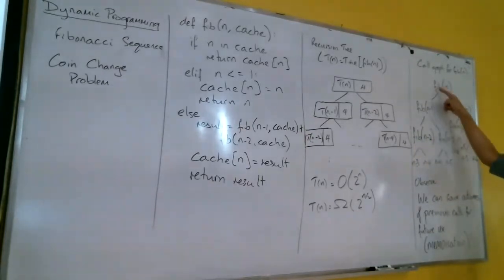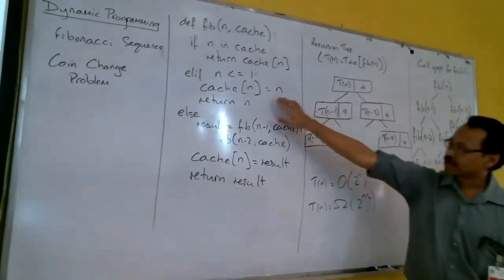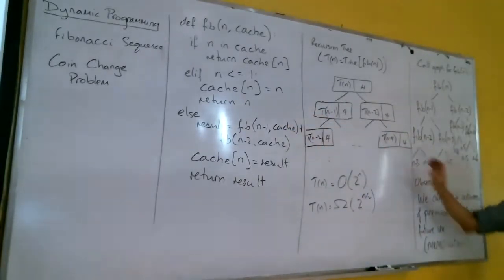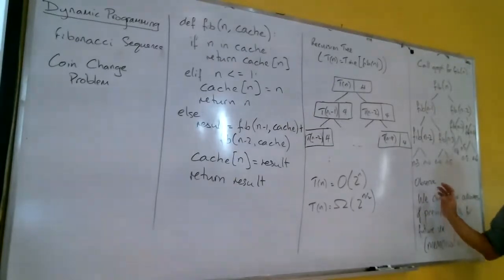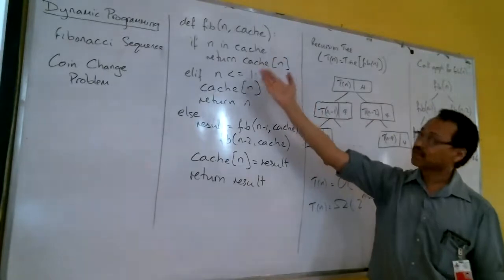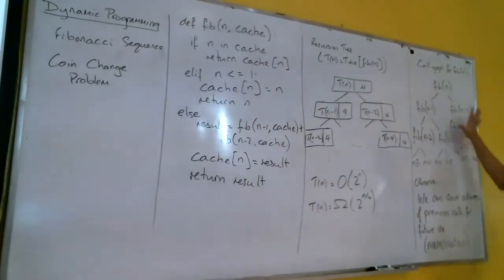So technically it's going down this chain, and at that point I'm going to get real values concretely. And as I'm returning, when I do the call on the right side, I immediately get a cache hit, and then I have an answer. And so I never actually do the right sides of this tree.